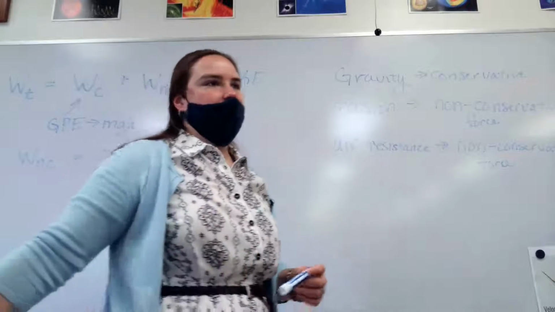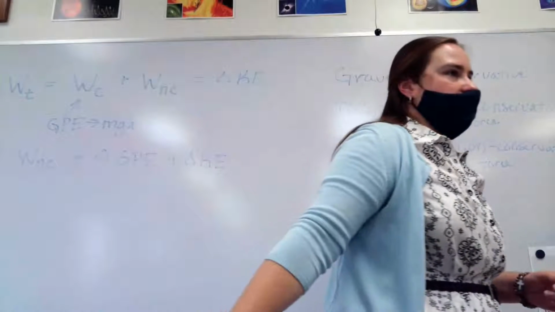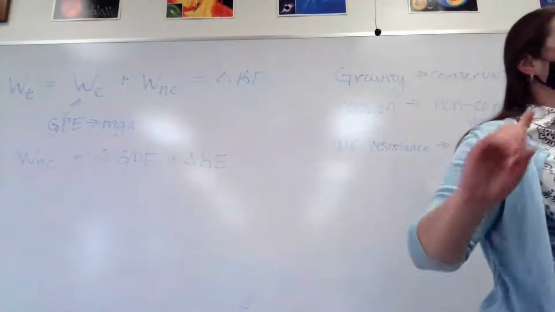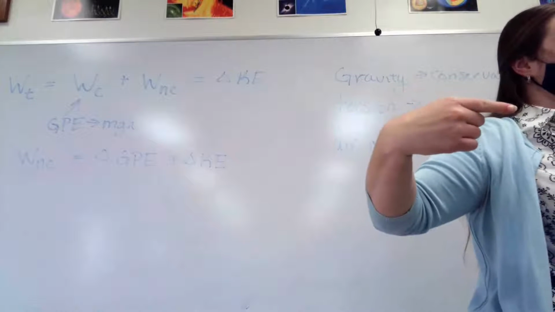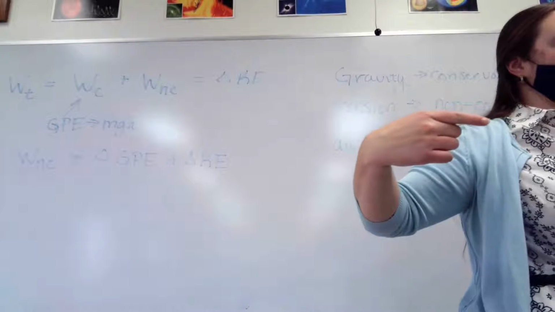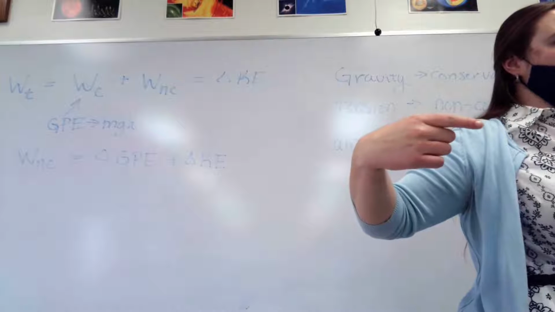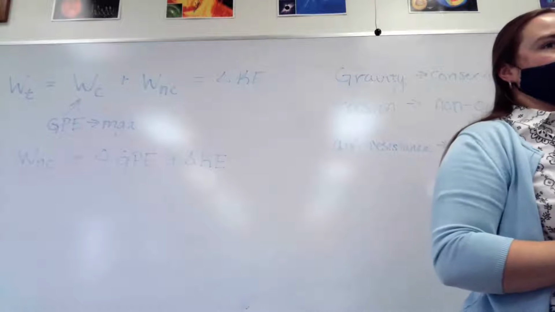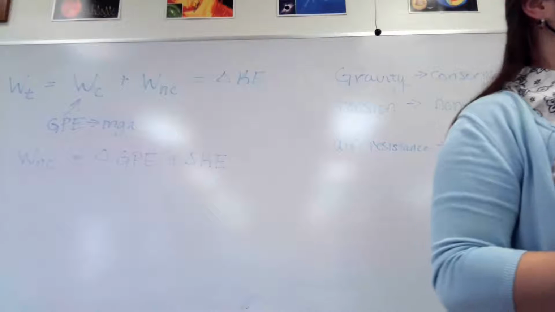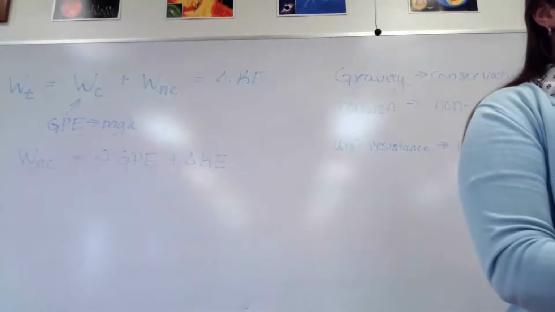You remember when we had the example with the suitcase and we were pulling the suitcase kind of up, but we said only the horizontal part of it does work? You vaguely remember that? What was that equation? F cosine theta.